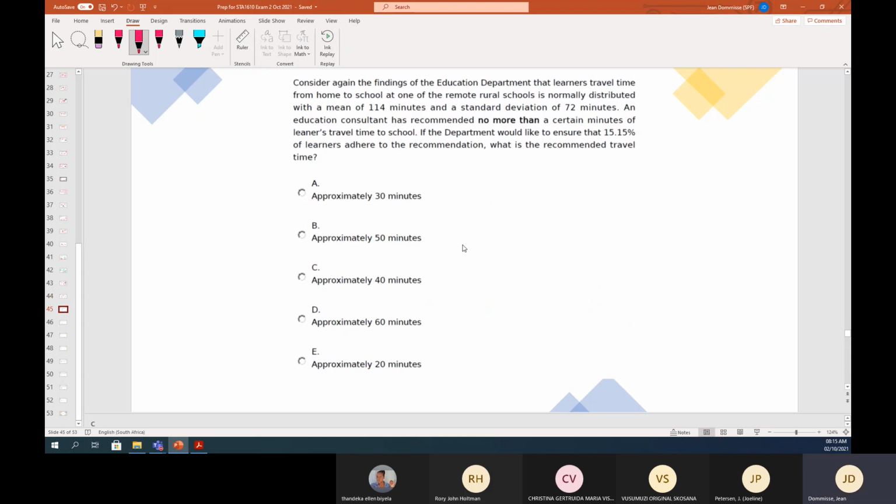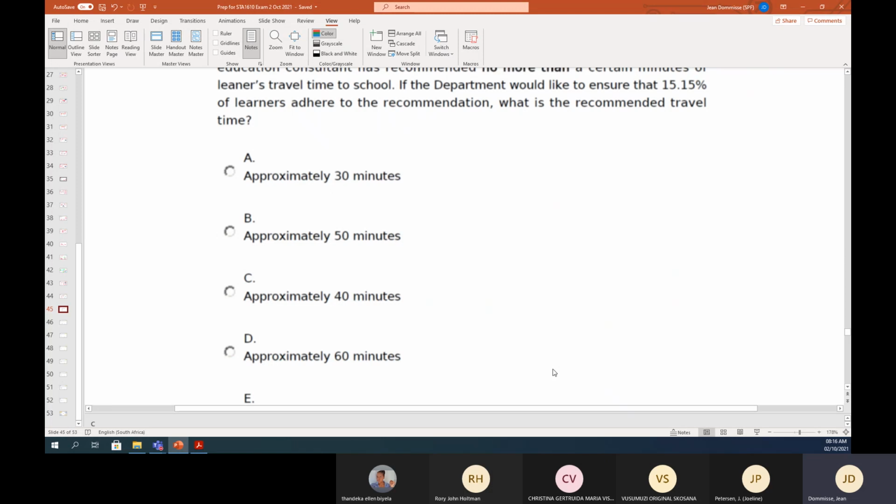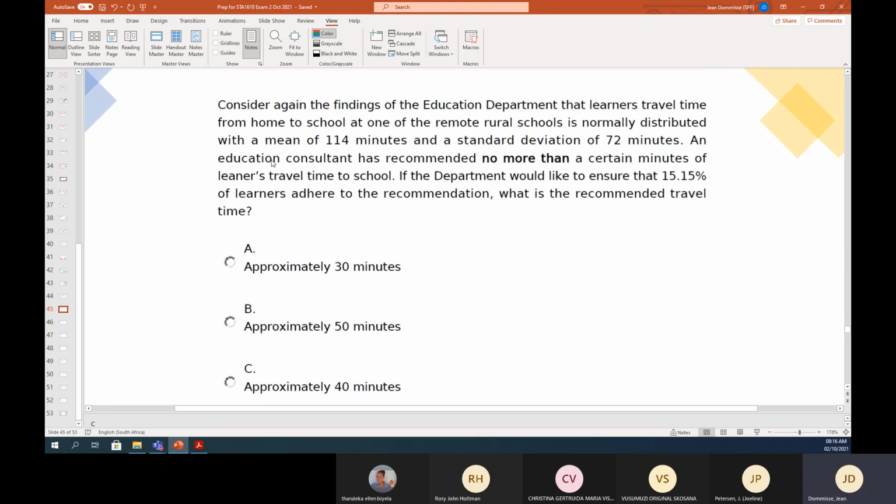Again, one of these, but now you see that the question is a bit different. Consider again the findings: travel time to a school is normally distributed with mean 114 and standard deviation 72.